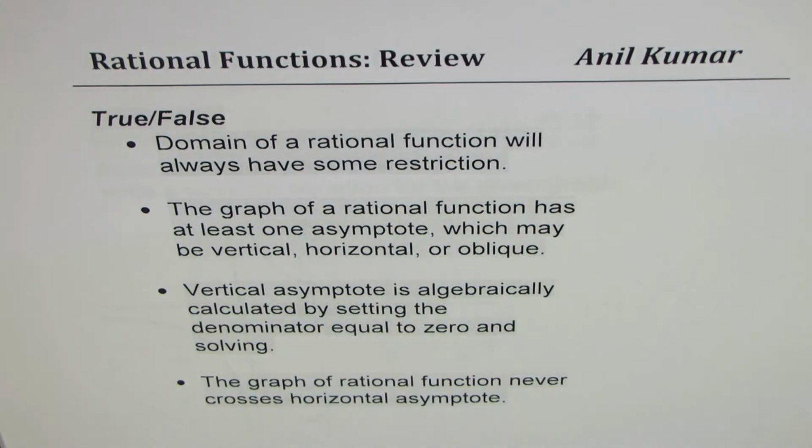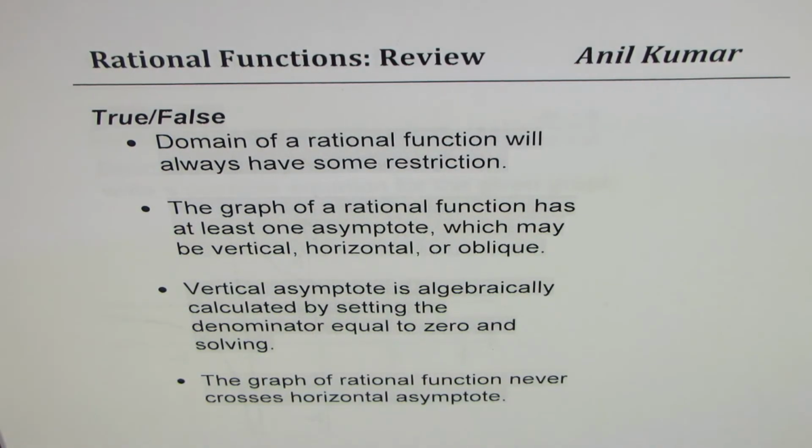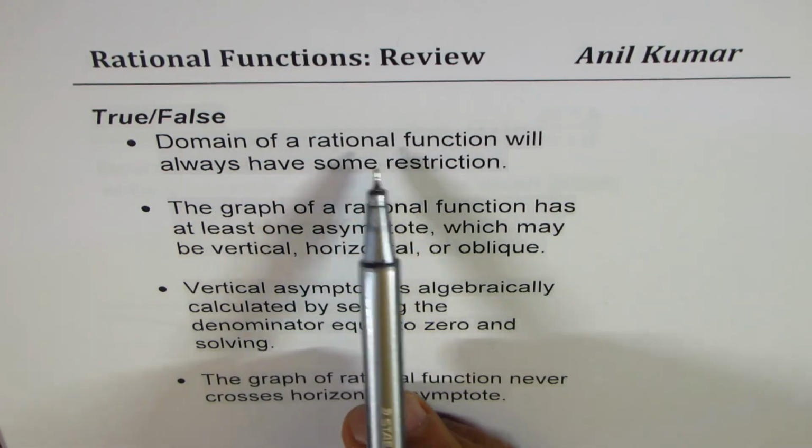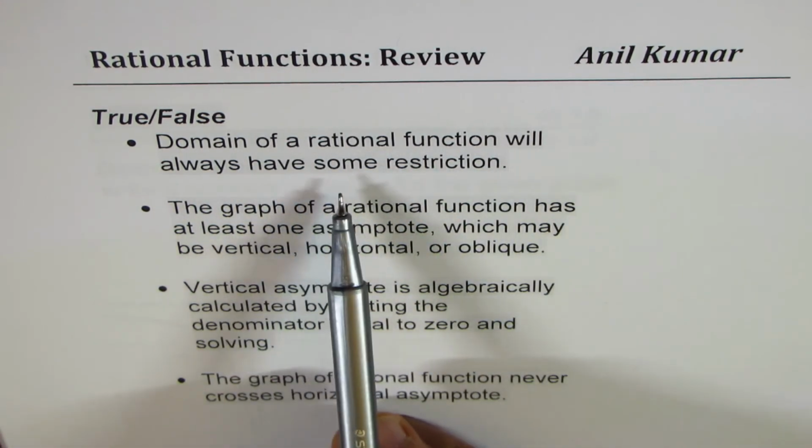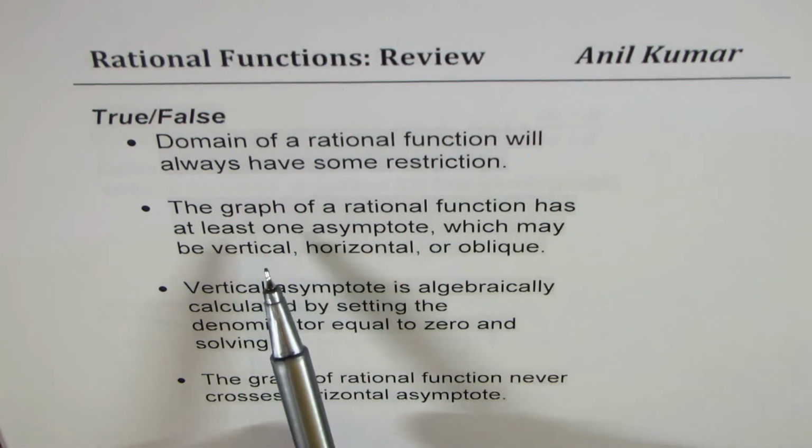Now here are a few questions on rational functions. I'd like you to pause the video and answer them. These are only true or false questions. 1. The domain of a rational function will always have some restriction, true or false. 2.